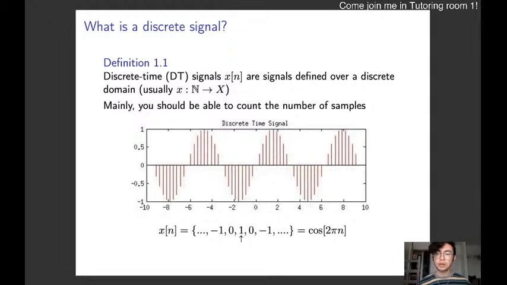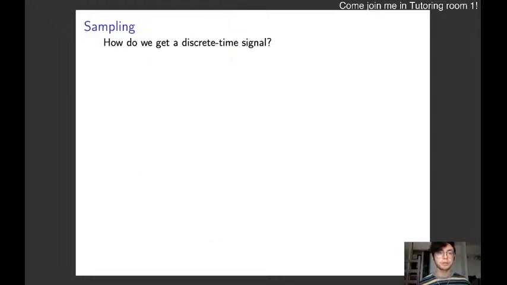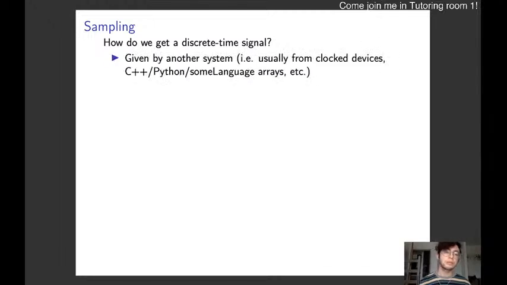So let's go ahead and get started on sampling. A big problem is, how do we get discrete signals? One way is that they could just be given to you, usually from something with a clock. Most computers, if they're represented in a programming language, will use an array, and sometimes you might get them as a list. You can also get discrete time signals naturally.